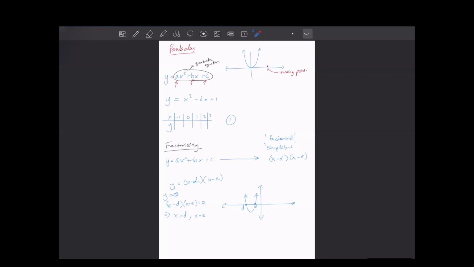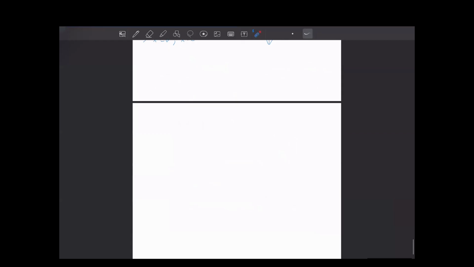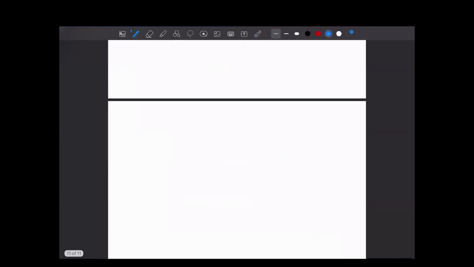So now the thing we got to learn is we want to get really good at factorizing. So to factorize, first we will look at factorizing monic quadratics.